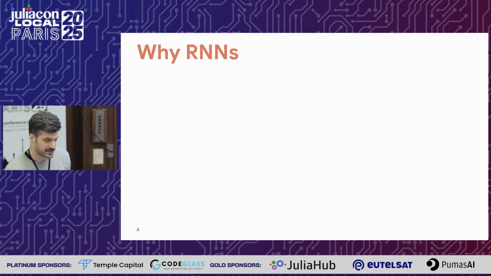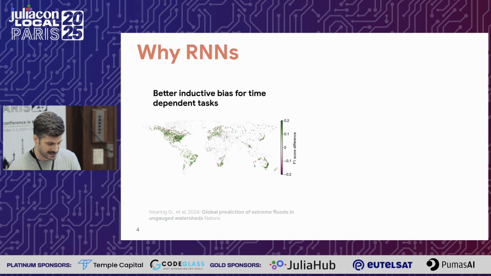But the question that everybody in machine learning in the audience will probably have for me is: why RNNs? Didn't Transformers eat RNNs' lunch like 7 years ago or something? While this is true for some applications, for others, RNNs have a better inductive bias for temporal sequences. Since they have this internal memory, they can better express temporal dependencies in time series, for example.